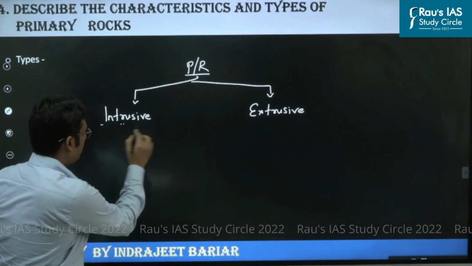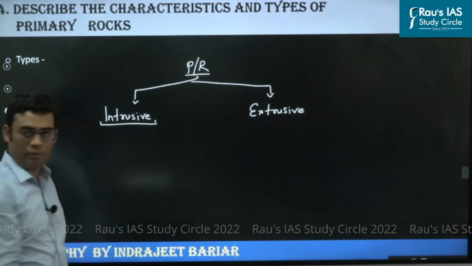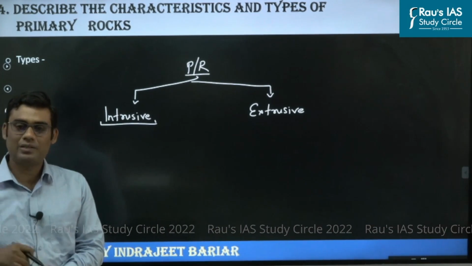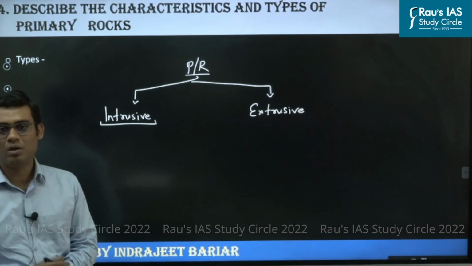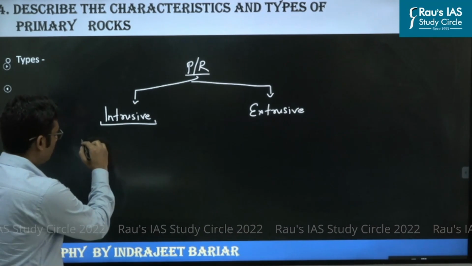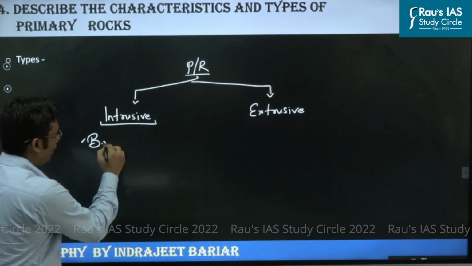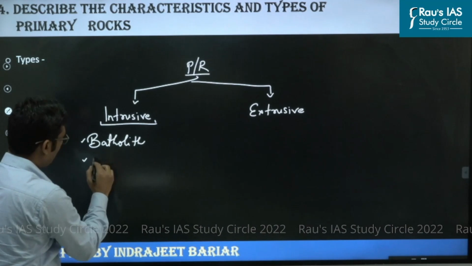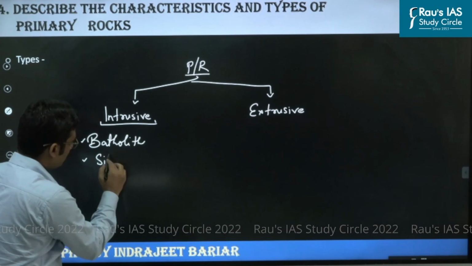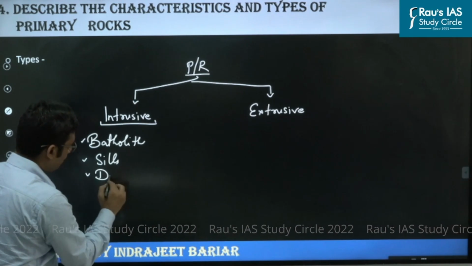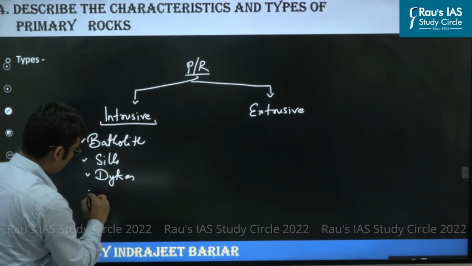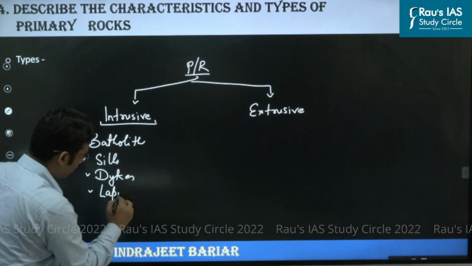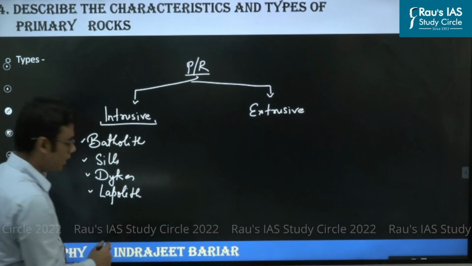So under intrusive, what we will be doing in our answer is giving examples of intrusive igneous rocks, where the different types can be identified as batholith, sills, dikes, laccolith, and so on.